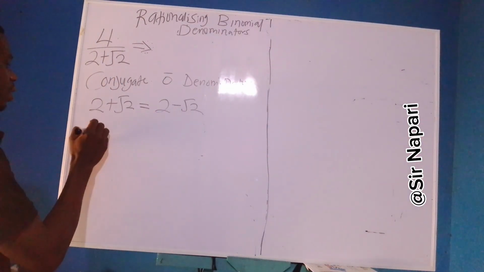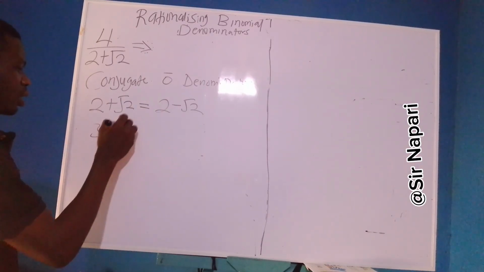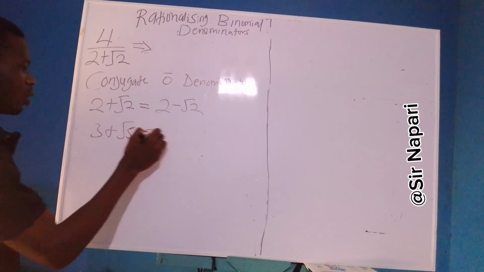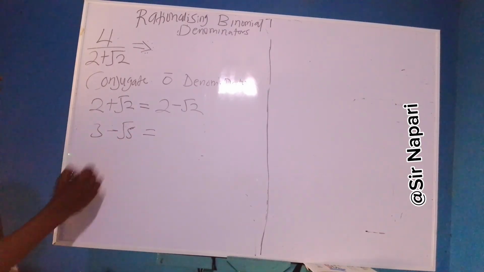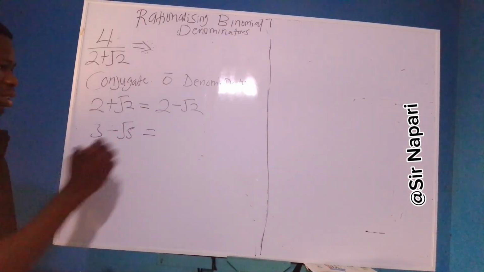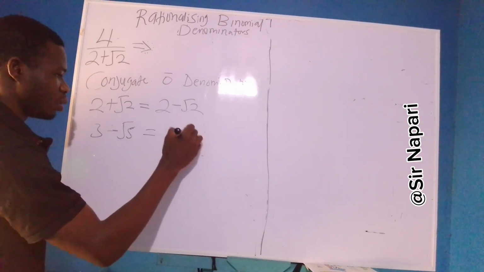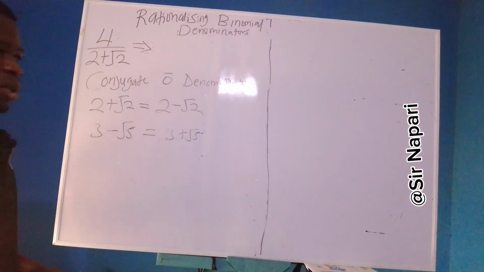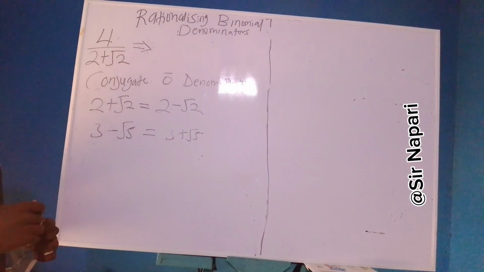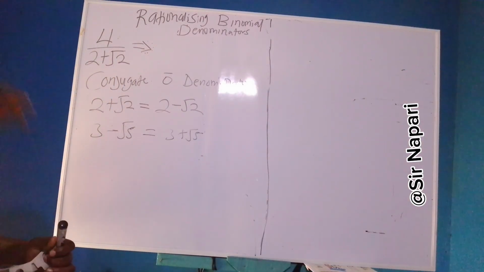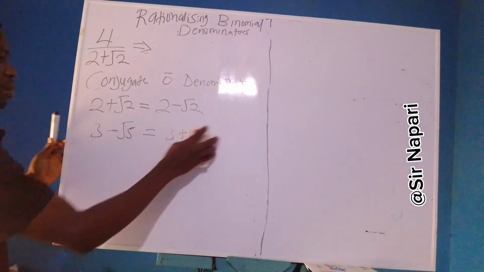Example, if you have 3 plus root of 5, the conjugate here will be 3 minus root of 5. And if you have 3 minus root of 5, the conjugate will be 3 plus root of 5. So a conjugate is found by changing the sign between the two terms, whilst maintaining the terms the same.